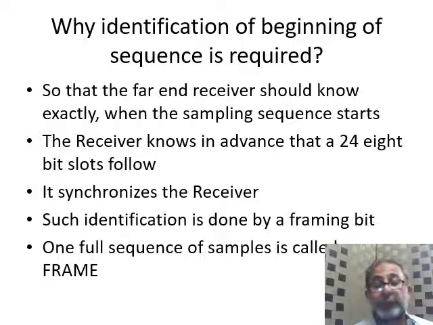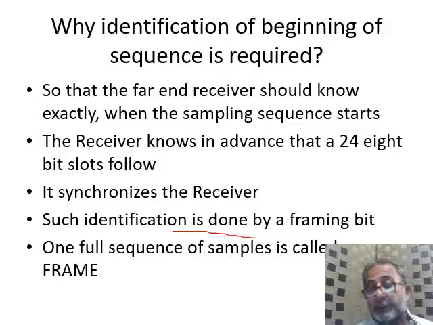And why do we do that? We do it so that the far end receiver should know exactly when the sampling sequence starts. The receiver knows in advance that a 28-bit slot will follow. It synchronizes the receiver. Such identification is done by a framing bit.